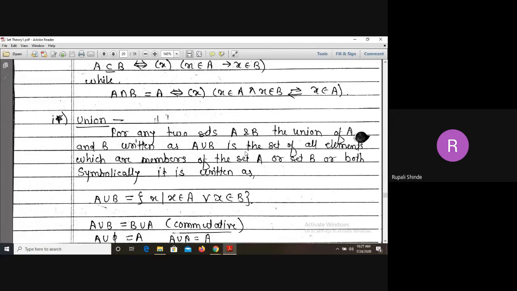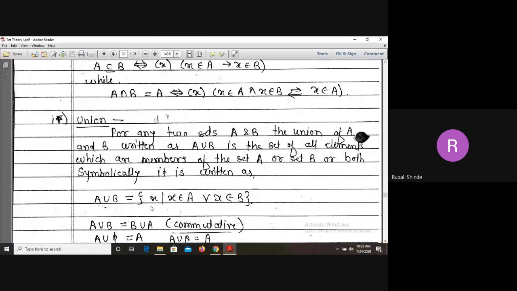It is the set of all elements which are members of set A or set B or both. In short, that element should be present in either set A or in B or in both A and B. And symbolically it can be written as A union B equals, for any element X such that X belongs to A or X belongs to B. So this is the definition for union.